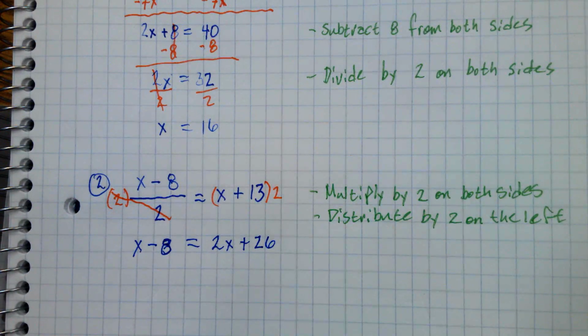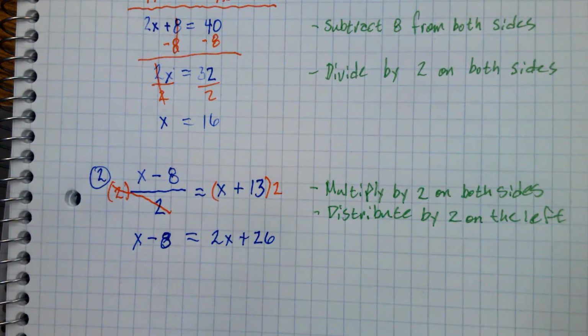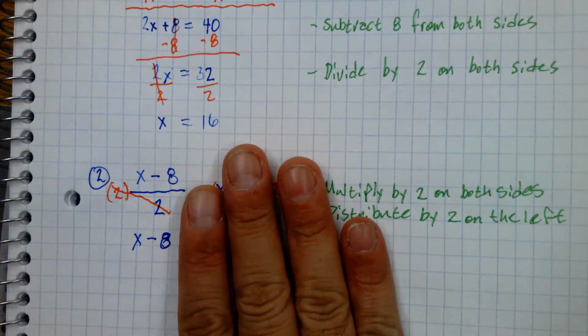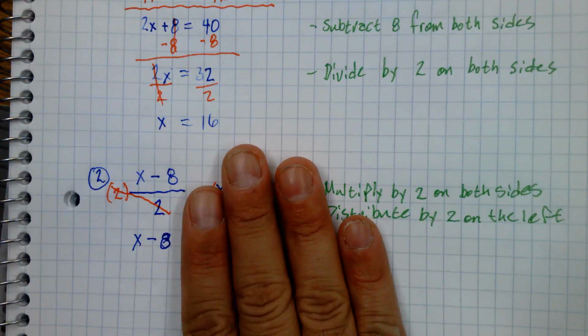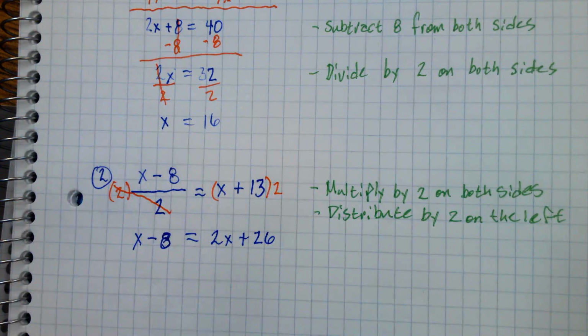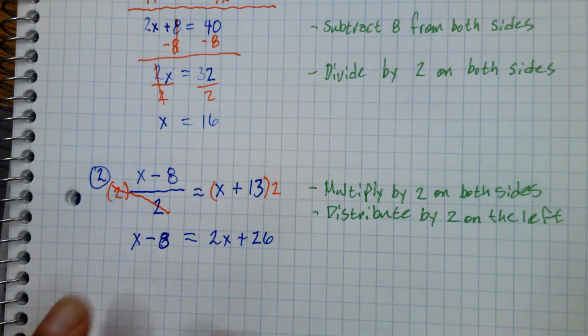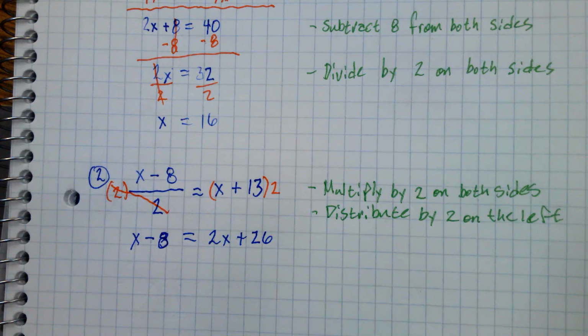All right. So take a look at what we have now. Can I combine anything on the left side? Can I combine anything on the right side? So let's deal with the fact that we have x on the left, 2x on the right. Well, before, let's take care of the variables.